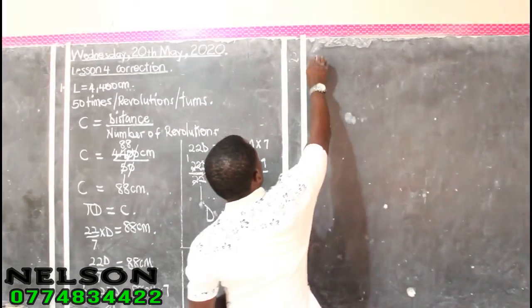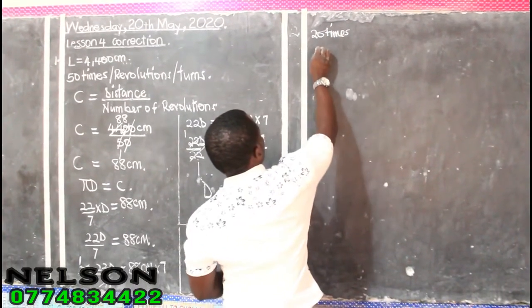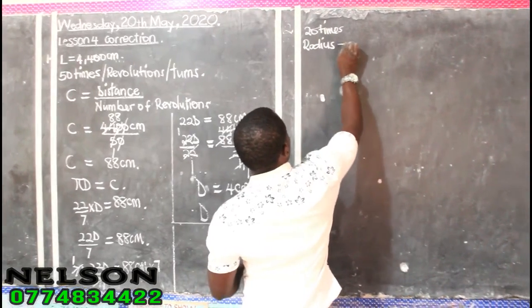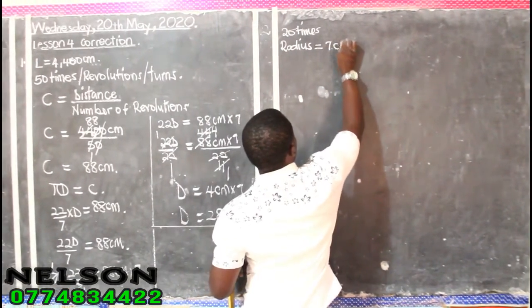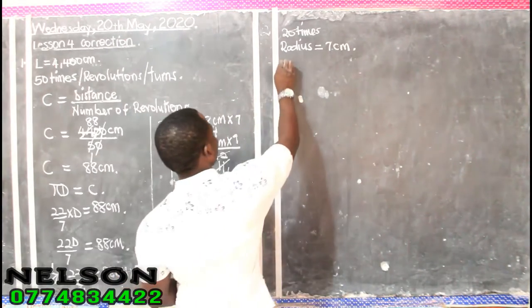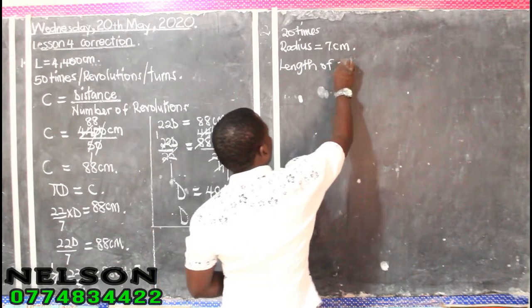So here they have given us 20 times, and they have given us also the radius of 7 centimeters, and they are asking for the length of the thread.